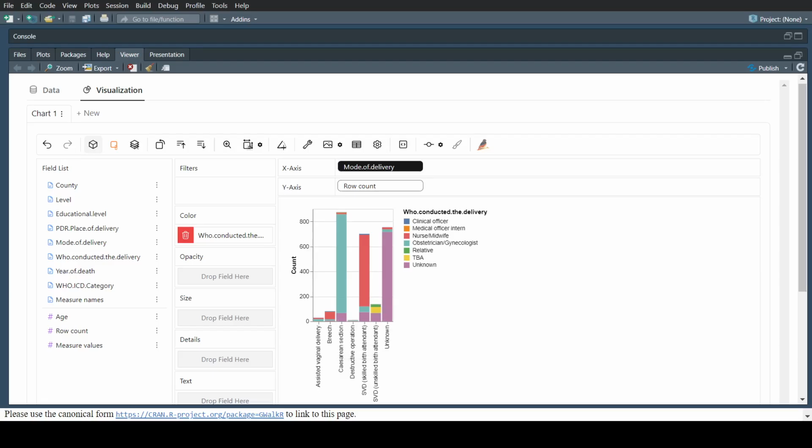So if we wanted to look at interventions that address capacity building, capacity strengthening, health worker morale and motivation, we can look at OBGYNs and nurse midwives.